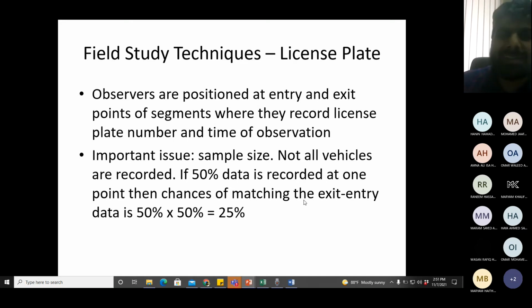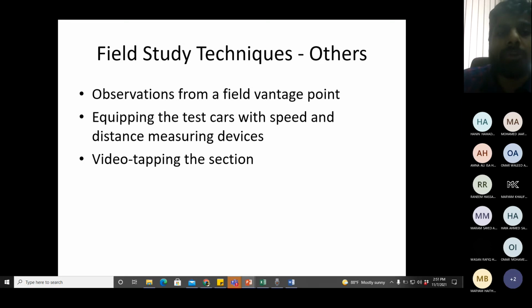So missing vehicles and matching their travel time or matching their license plate numbers is a big issue in this technique. Other techniques which you can apply, you can observe the whole segment from a vantage point. Vantage point is a point of excellent view, a point from which the whole segment can be viewed from a single position without any distraction.